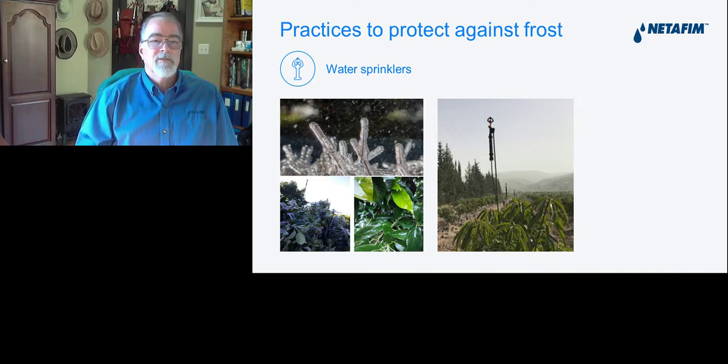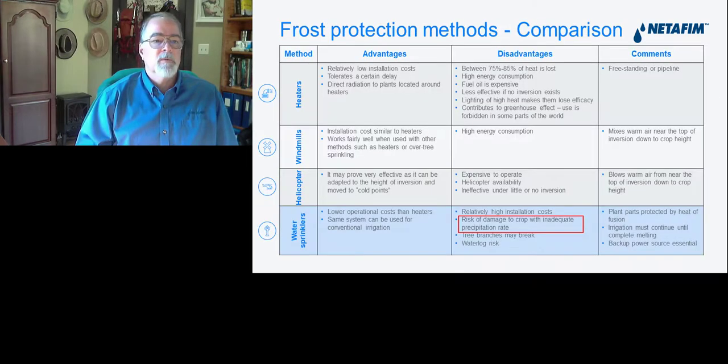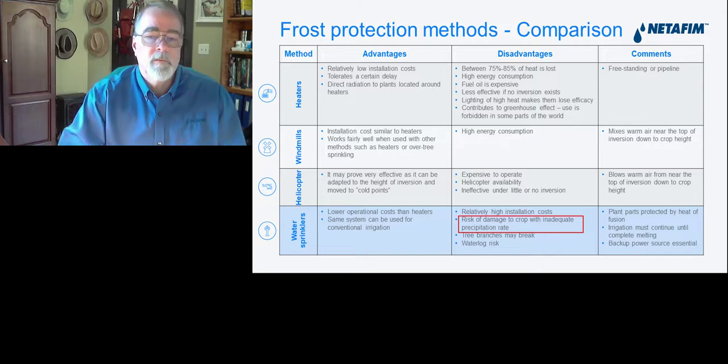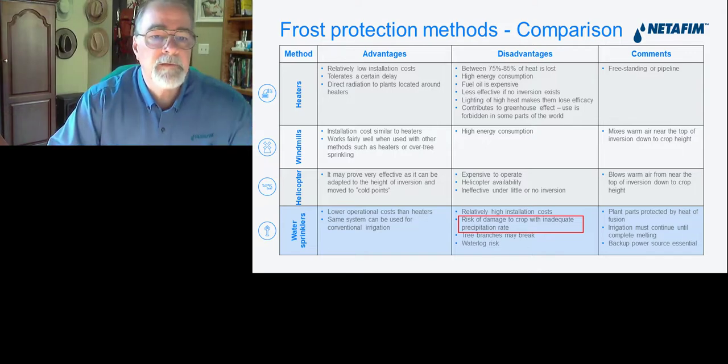So this screen might be a little bit hard to see where you're at, but this is about the advantages and the disadvantages of the different types of methods. And we can share this with you to visualize at home if you feel like you need to. If you'll notice on the lower line, I've got an area boxed out, and that's where we're talking about an inadequate precipitation rate.